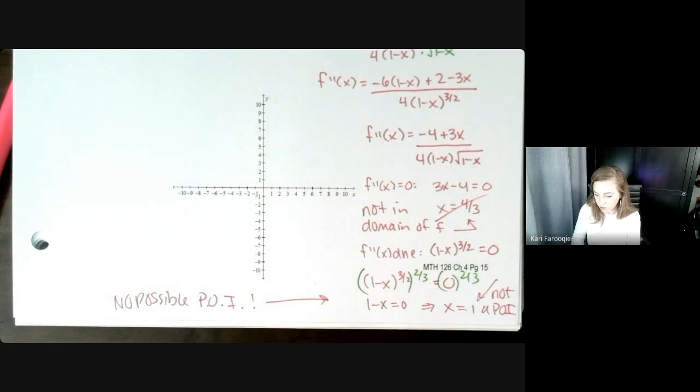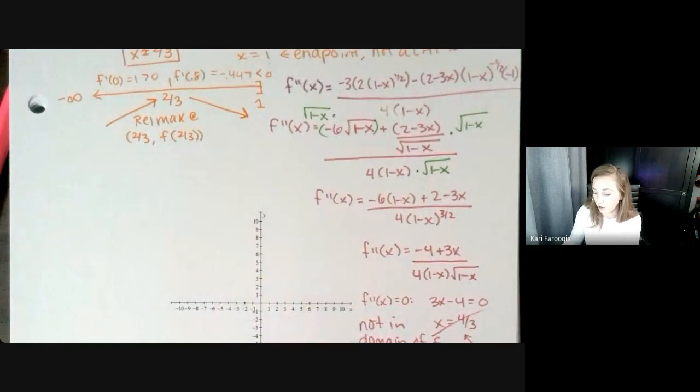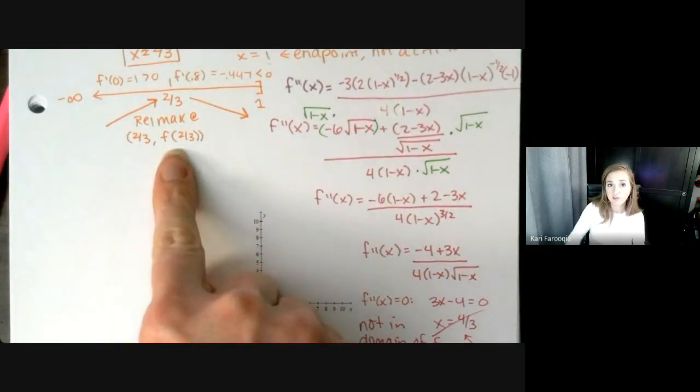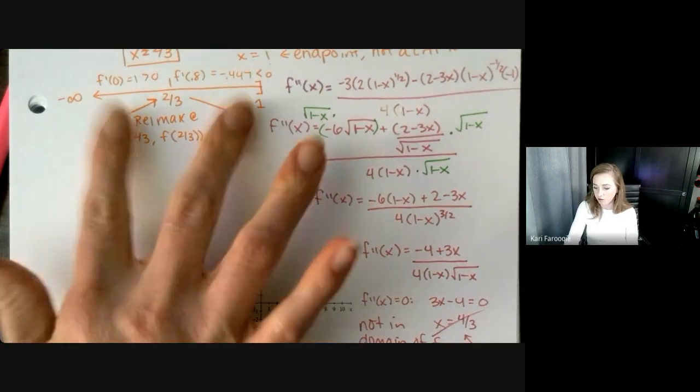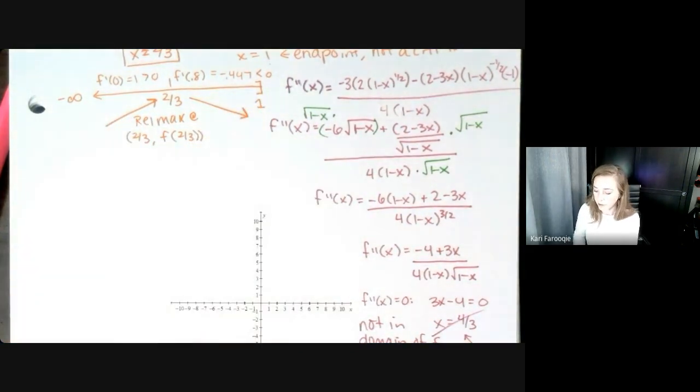We ended up coming up with this relative maximum value, though, at 2/3, f of 2/3. That's going to be important to us, and we can say something about the concavity. Oh, goodness, you know what I forgot to do was state intervals where the function's increasing or decreasing. I mean, I put it here, but I didn't actually write it out. So let's start to make some conclusions here.